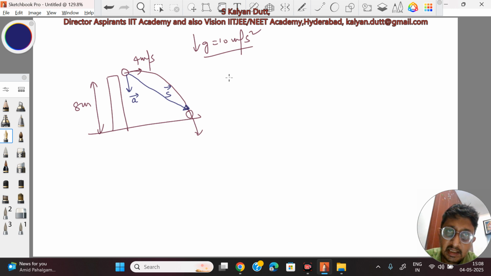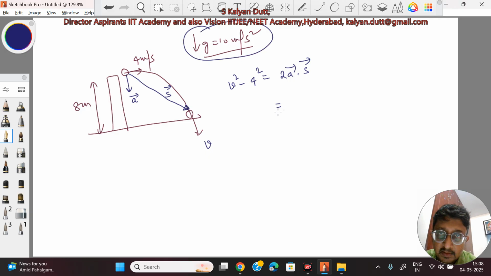So I can directly apply v square minus u square is 2a dot s here, because even though it's projectile motion, it's under constant acceleration. If the angle between a and s is theta, I can write 2, magnitude of a is g, magnitude of s is s into cos theta, and luckily s cos theta is already the height of the tower, which is 2g into 8.